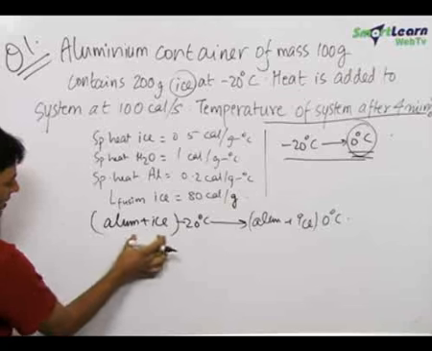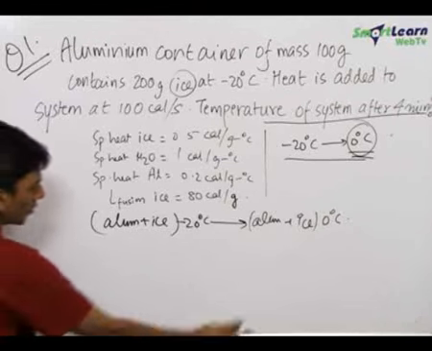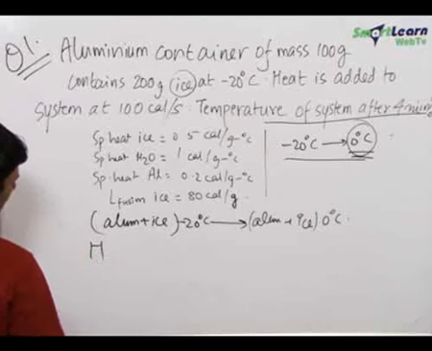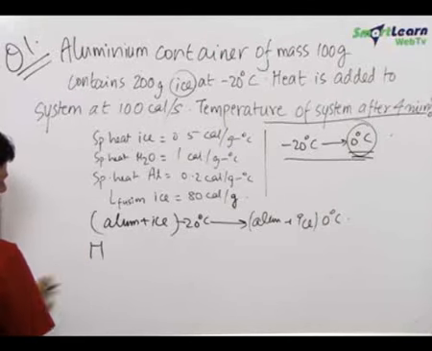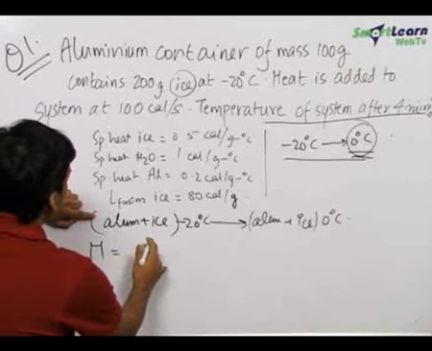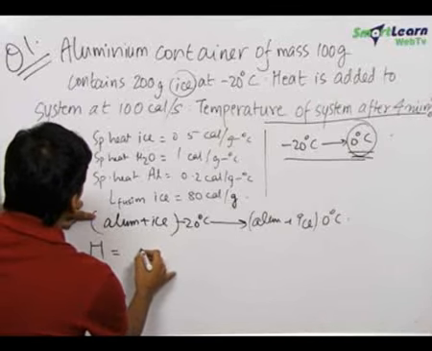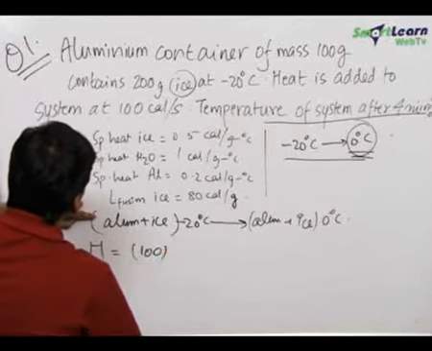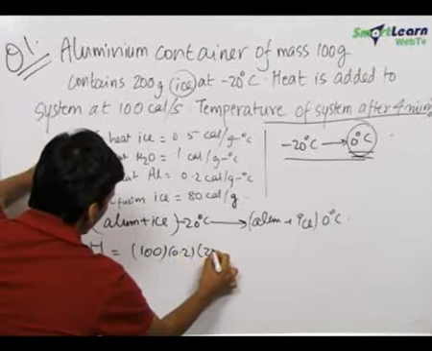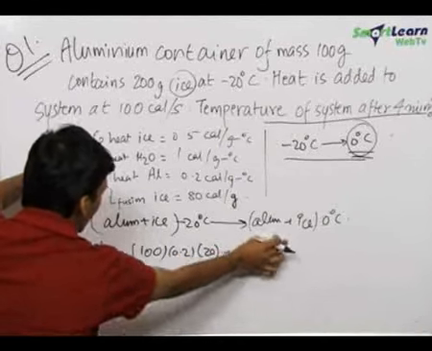So from aluminium plus ice at minus 20 degrees Celsius to aluminium plus ice at 0 degrees Celsius, the amount of heat required to be given to the system is equal to the mass of aluminium, that is given to be 100 grams, into the specific heat of aluminium, that is given to be 0.2, into the change in temperature, that is 20, plus the same thing for ice.